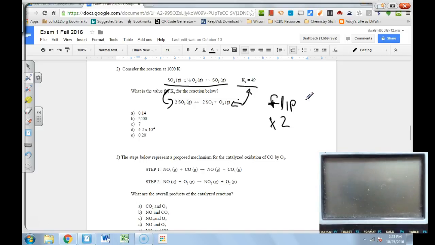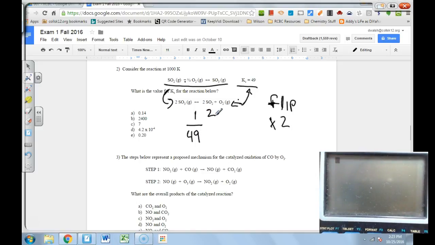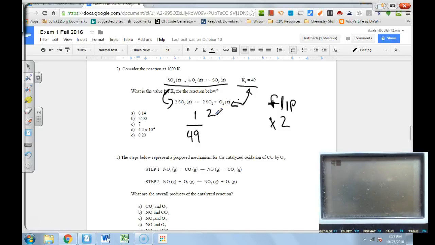When we flip and multiply by 2, that means we take the reciprocal and square it. So that's going to be 49 squared, and then 1 divided by that is 4.2 times 10 to the negative 4. Why isn't it 4.1649 and all that stuff? This is because we have to worry about significant figures. This only has 2, so this only has 2.